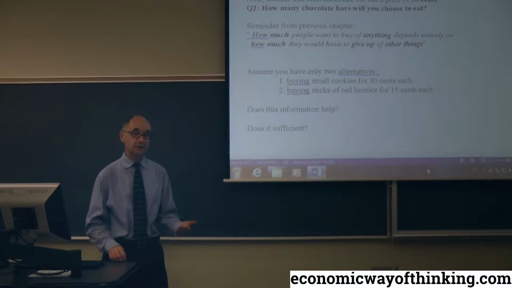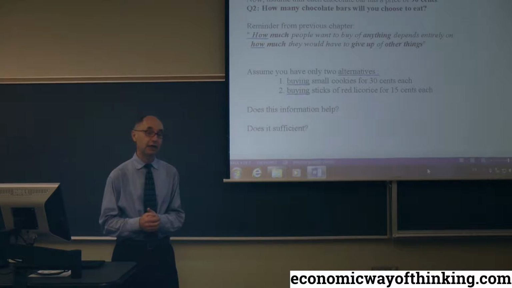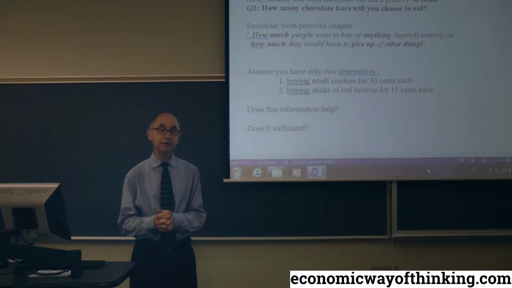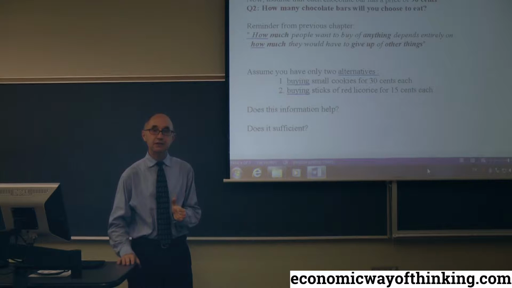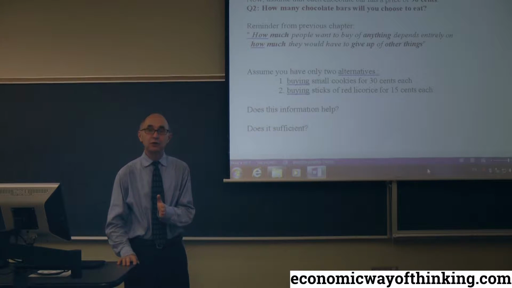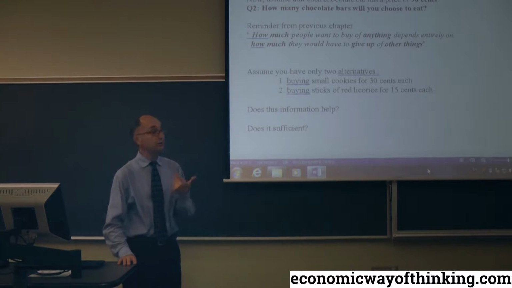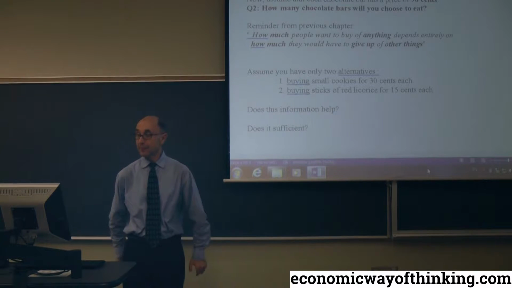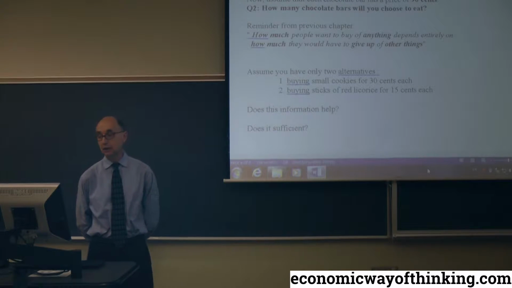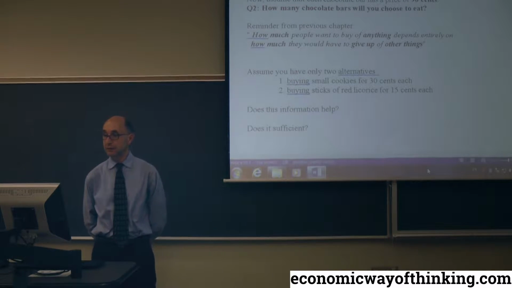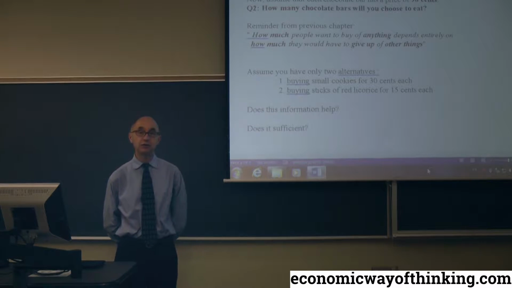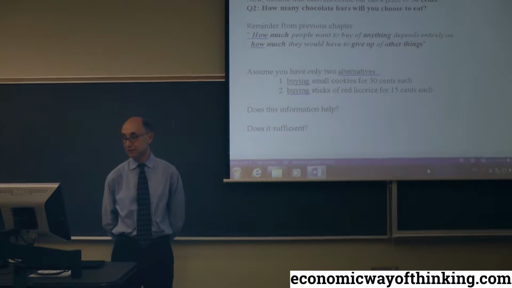We wanted to derive the demand curve. And remember that the demand curve is the relationship between the prices and quantities you're willing to buy at that price. So that's why we are interested in the quantities of chocolate bars you will be buying when the price of a chocolate bar is 90 cents.